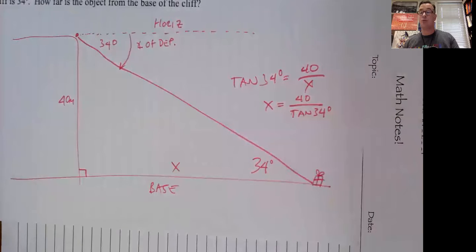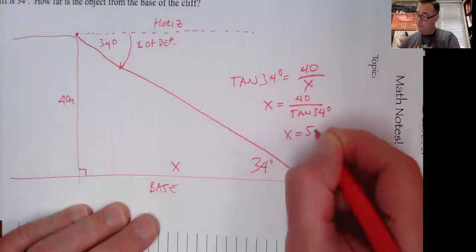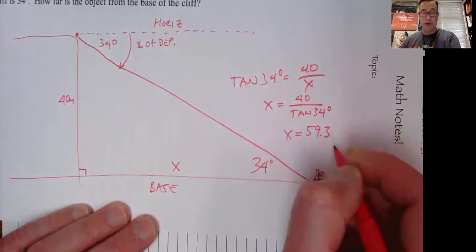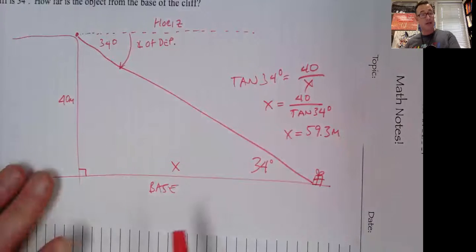If you want to see that algebra magic, look back at the video about finding unknown sides using trig. I'm going to be using the calculator to say 40 divided by the tangent of 34. And that is going to give me 59.3 meters away. It's 59.302, but I think the 0.3 is fine. So 59.3 meters. That's how we set up things with angles of depression.